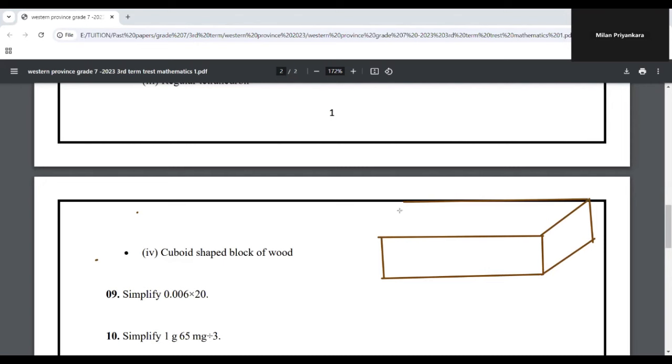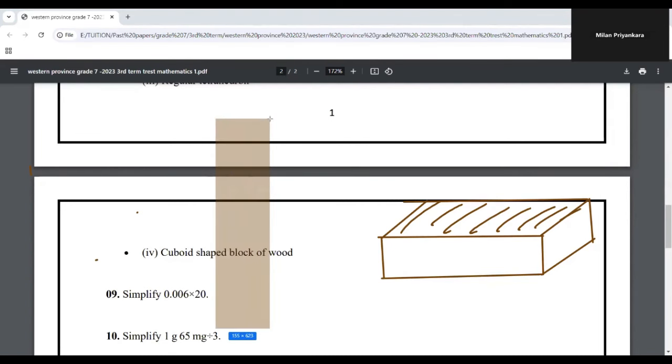I say this because it has something like this. So if someone says this side is going to have more likelihood of happening, actually if you toss that, it has a very rare chance of staying like this, right?